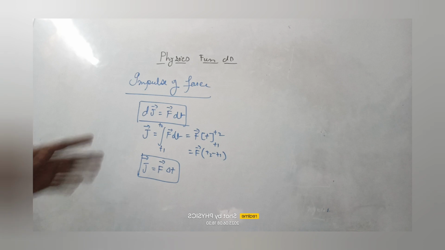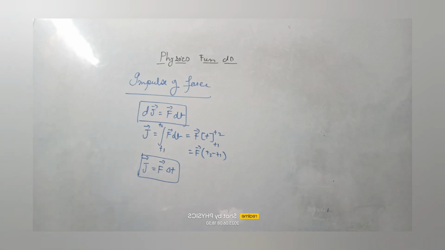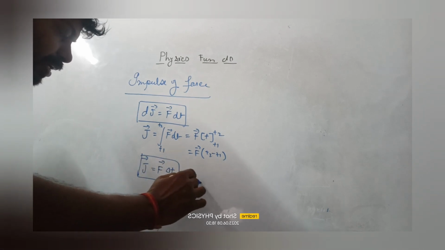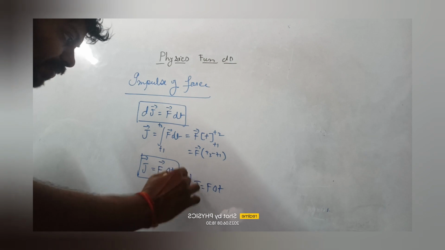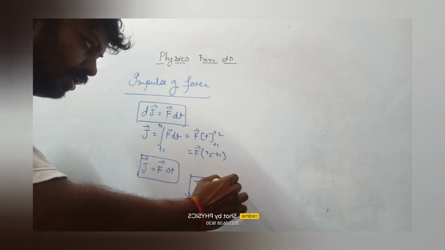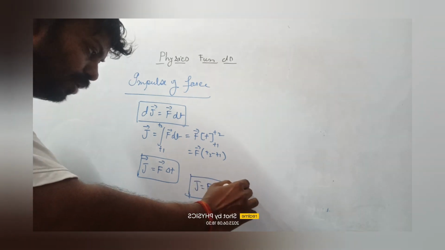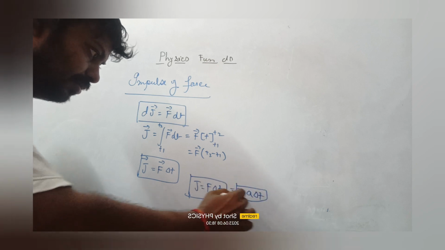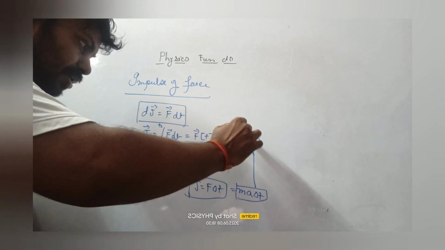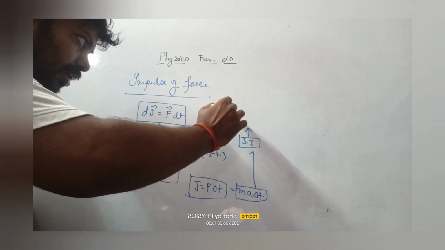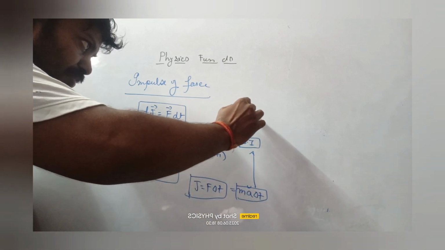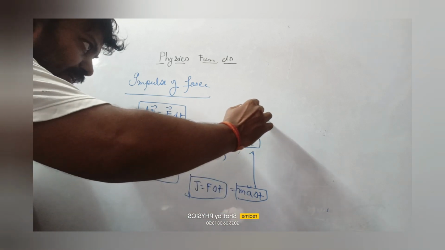We know that J equals F delta T, that is F equals M into A into delta T. Now the SI unit: mass is kg, acceleration unit is meter second to the power minus 2, and that of delta T is s.